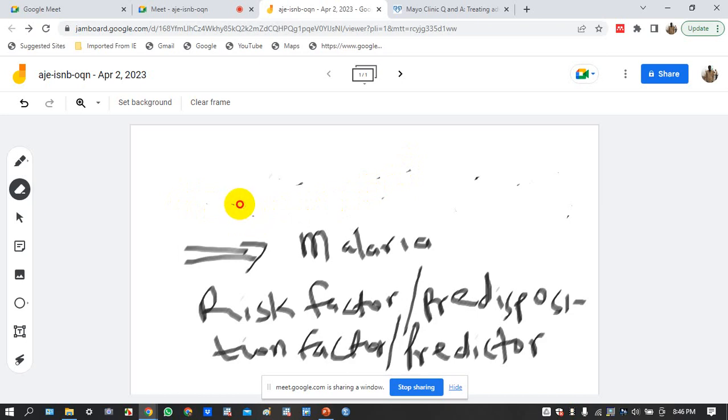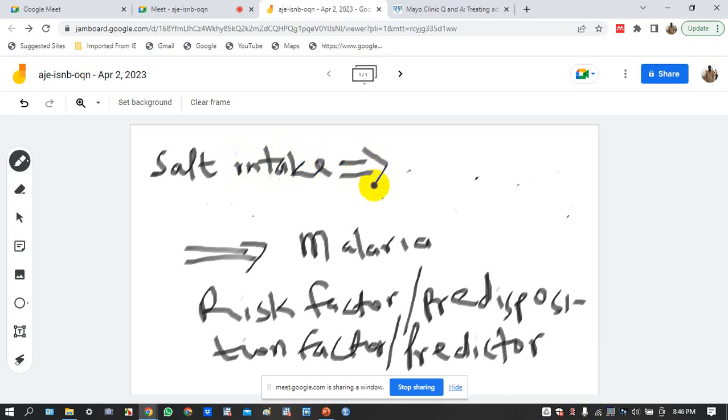So we can say that obesity, or we can say that salt intake causes hypertension.